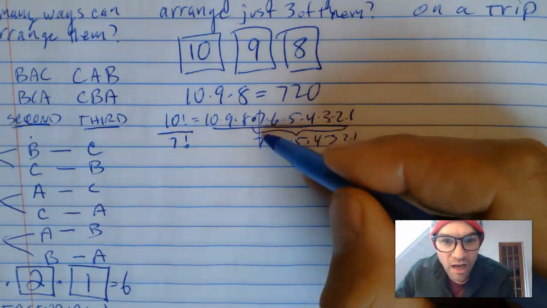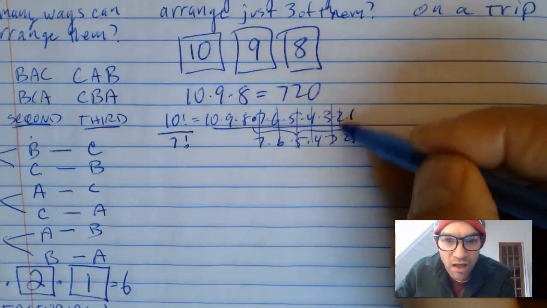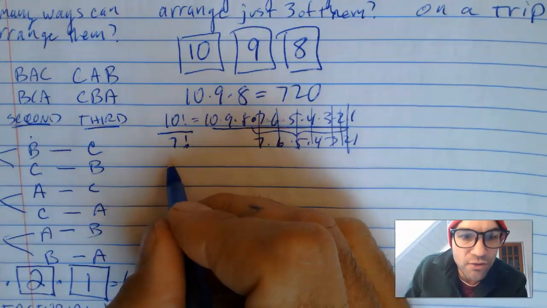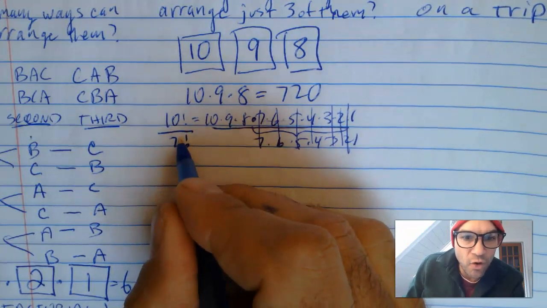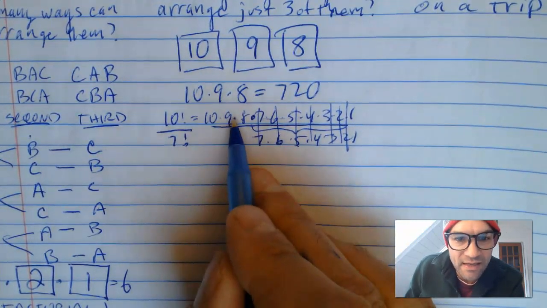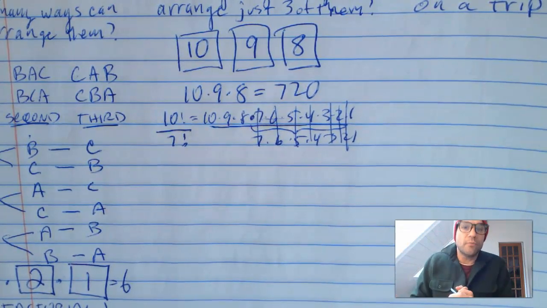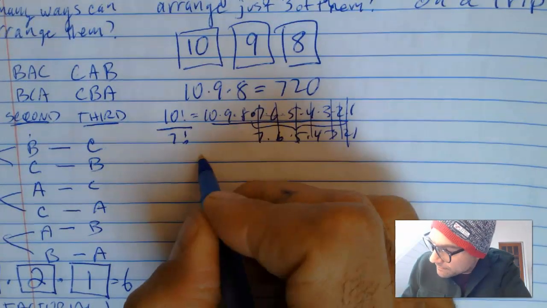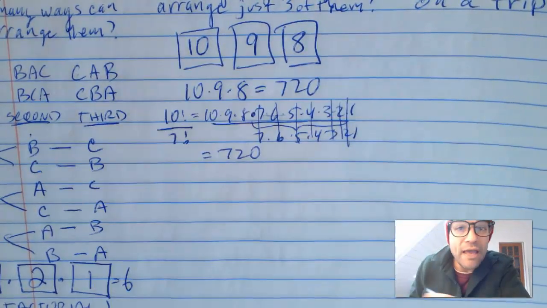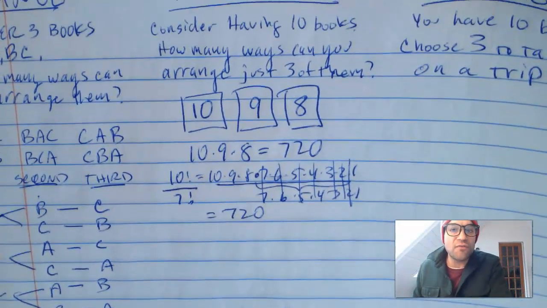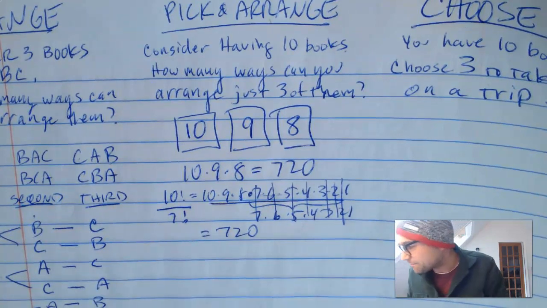And guess what? Hallelujah, you get it. 10 factorial over 7 factorial is 10 times 9 times 8. And that gives you what you wanted, which is 720, the ways you can arrange 3 books on a shelf if you choose them from 10.